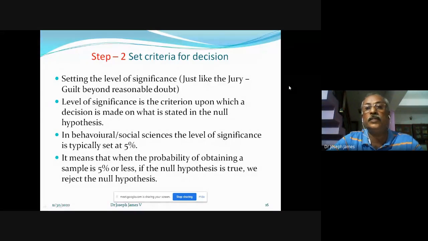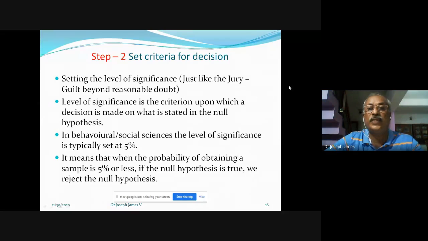Then only the jury will reject the null hypothesis, or the jury will say that the party concerned is guilty. Such a reasonable level of doubt is known as the level of significance.